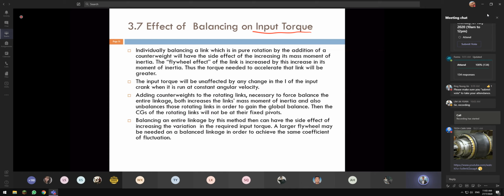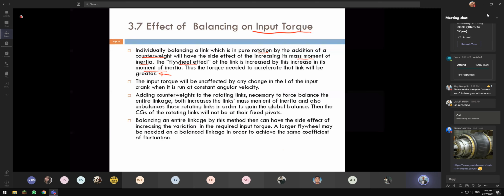Individually balancing a link which is in pure rotation by the addition of a counterweight has the same effect as increasing its mass moment of inertia. So the flywheel effect of the link is increased by this increase in its mass moment of inertia. Thus, the torque needed to accelerate that link will be greater.